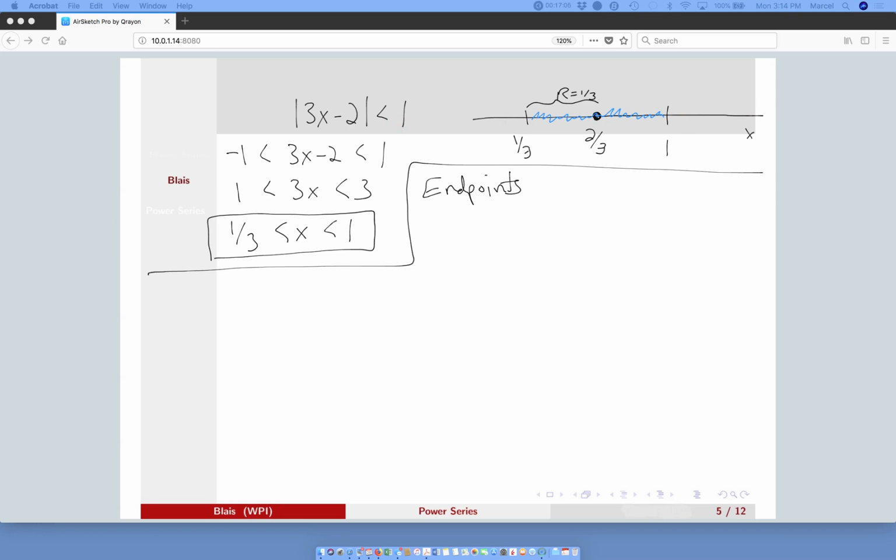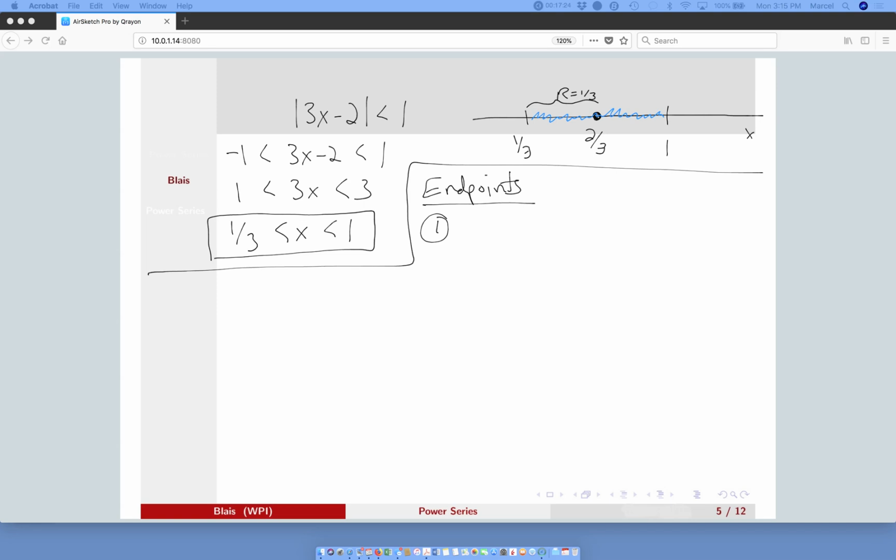These endpoints come from the case where you have equality here. That's the case when rho equals 1. And remember, that's inconclusive for the ratio test. So we have to do these one at a time.